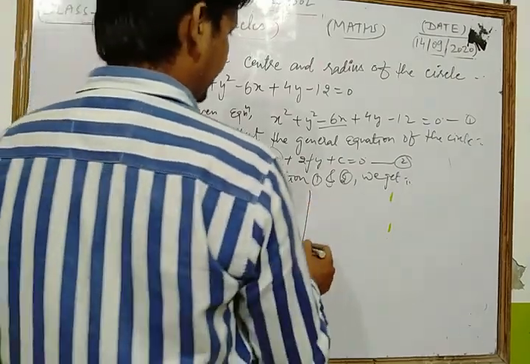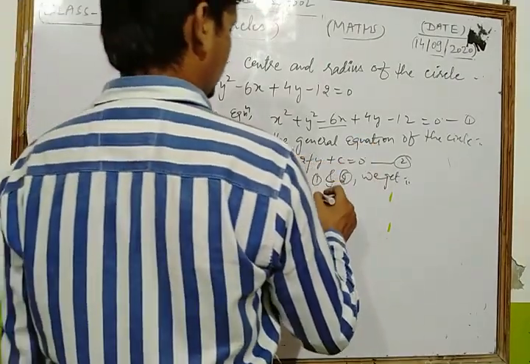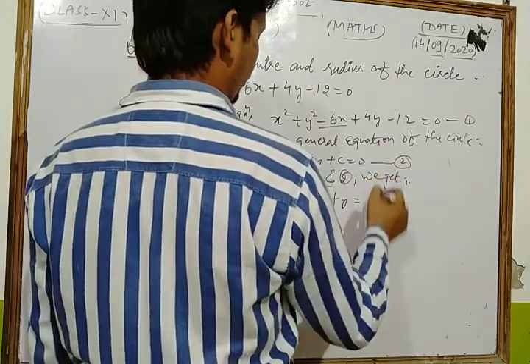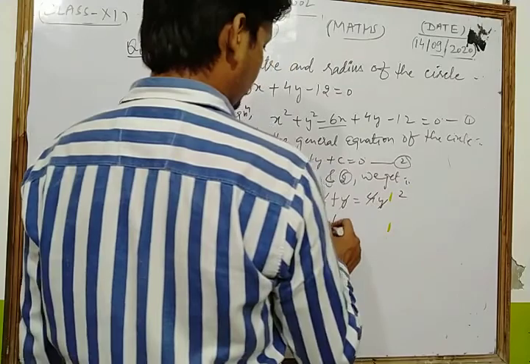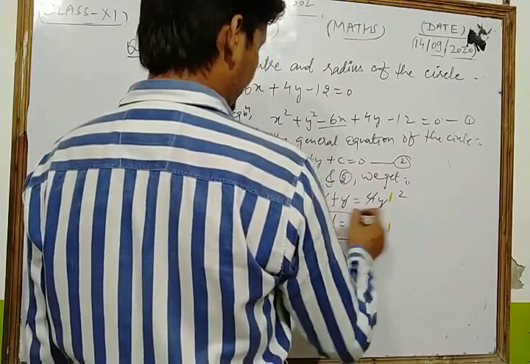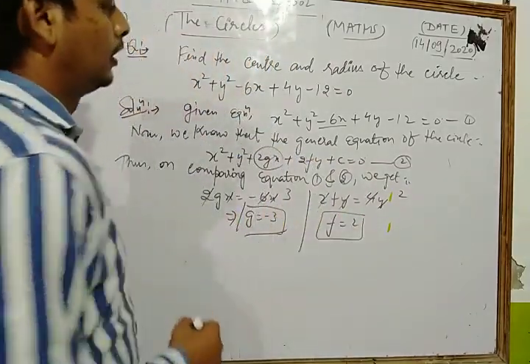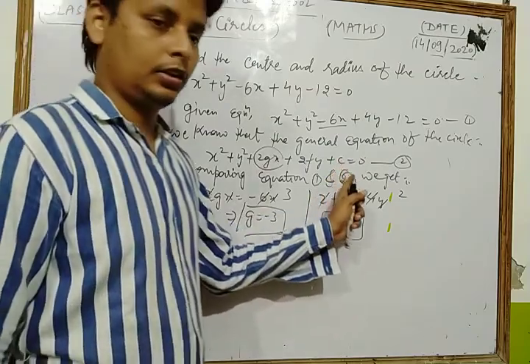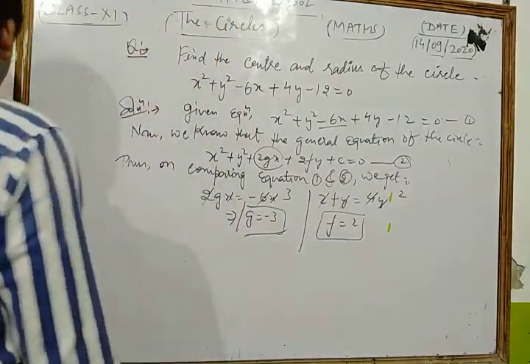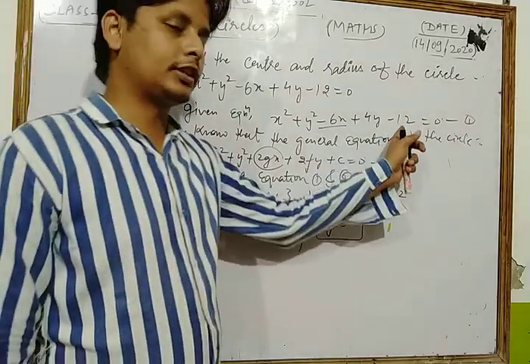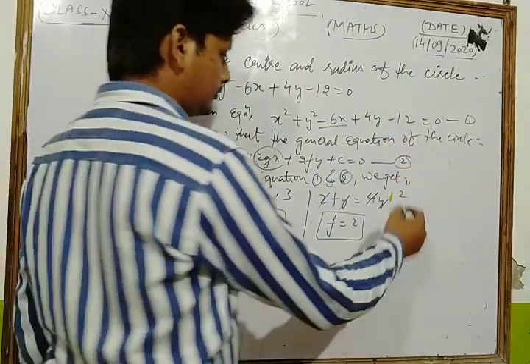Similarly, 2fy is equal to 4y. The y cancels, 2 times 2 is 4, so the value of f is equal to 2. Now here c is equal to minus 12, which is the constant term.